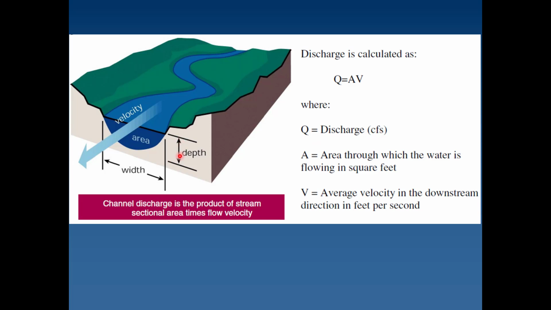So you have the depth of the water, that's in feet, the width of the water, that's in feet, so feet times feet is square feet, and then you've got the velocity of the water in feet per second. So feet times feet times feet per second is cubic feet per second, CFS.